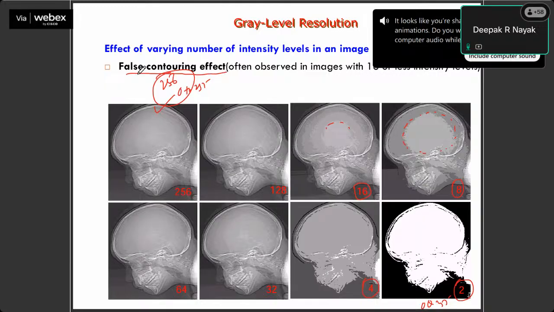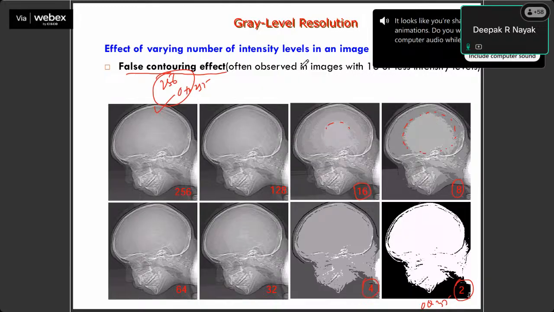So you may encounter the false contouring effect while reducing the number of gray levels or intensity values. We need to be very, very careful while reducing the number of colors or intensity values, because that may sometimes lead to false contouring, which is not there in the original image.